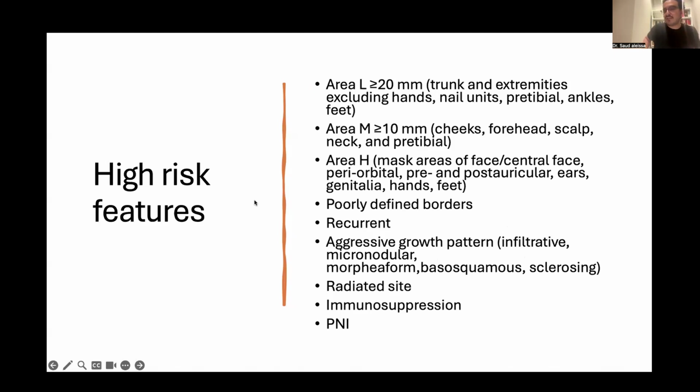What is the real risk of metastasis? Why do we treat these patients? It's super low. They rarely metastasize unless neglected, and when I say neglected, I mean tens of years. The reason we treat them is because they're locally invasive. They're erosive. If you leave the BCC on the nose, it's going to eat through it.